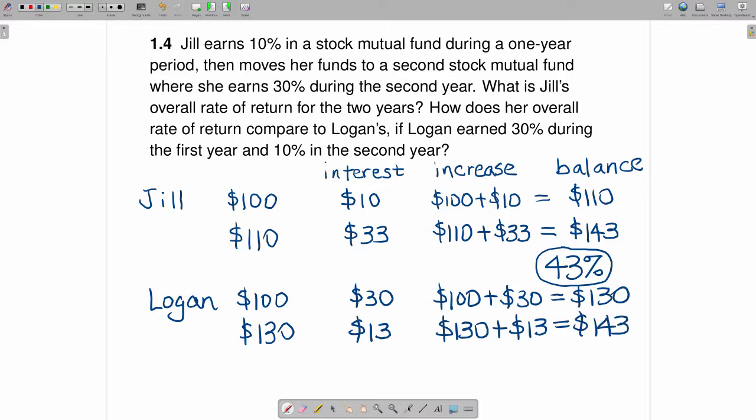So both Jill and Logan started with $100, eventually came to $143, so both of their two returns over the 2-year period are 43%. So you can see here that the two returns are identical.